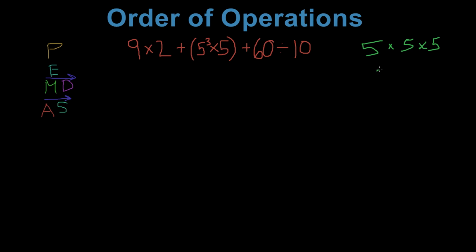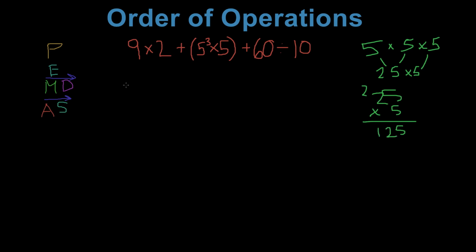So 5 times 5 is 25, and we need to multiply 25 times 5 now, because we bring this down here. So now it's 25 times 5. 5 times 5 is 25. 5 times 2 is 10, plus 2 is 12.